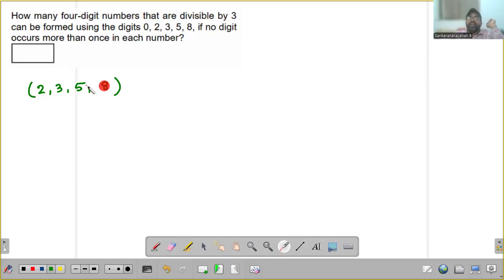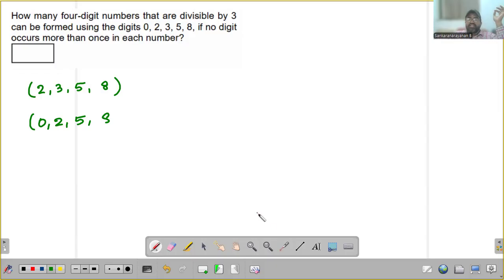Now, let us consider the total, it should be a multiple of 3. So if I am going to remove one digit from 0, 2, 3, 5, 8, that is possible only when you remove that digit 3, which means you end up considering 0, 2, 5, 8.